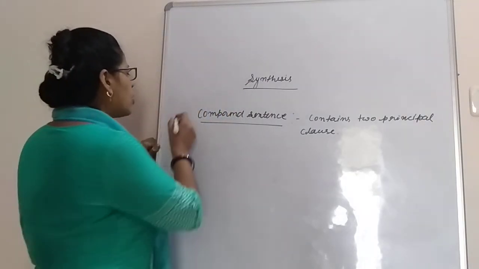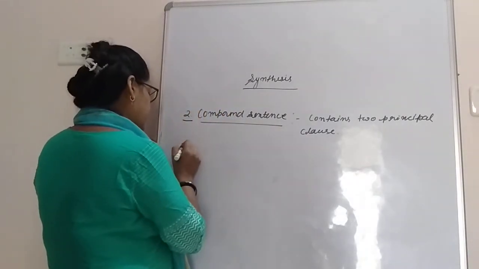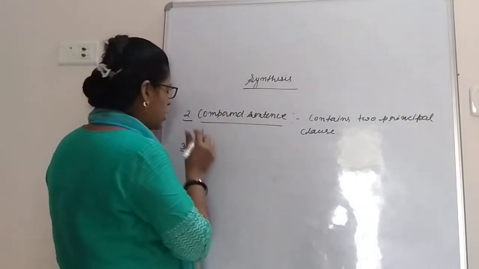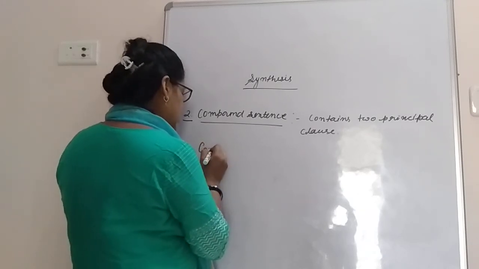Okay. Now come to the another type of sentence. Which one is what? Complex sentence.